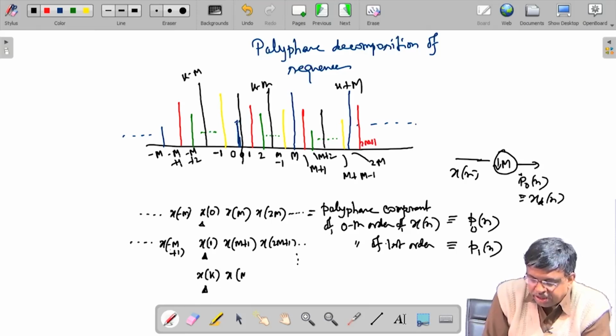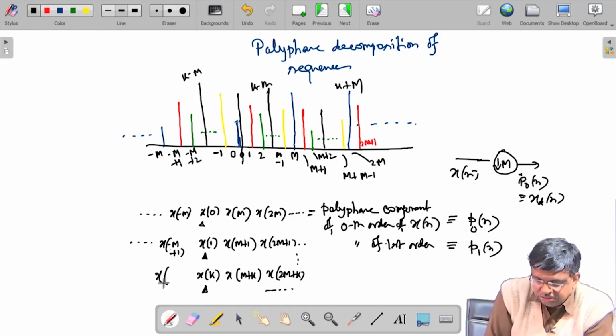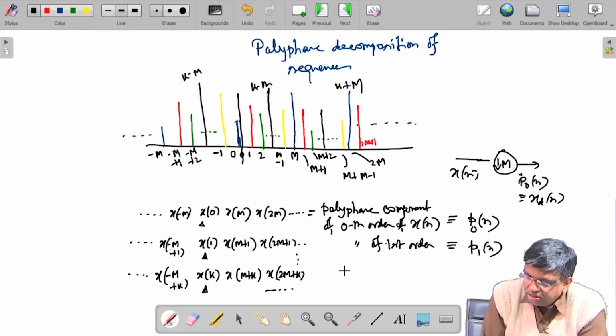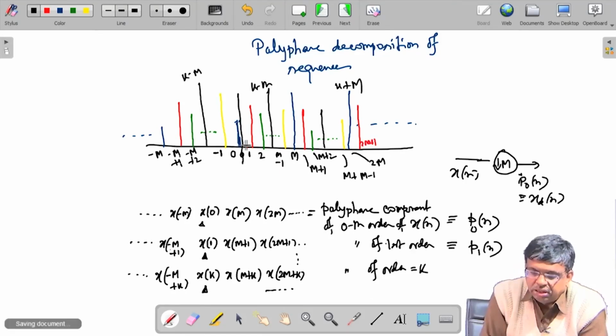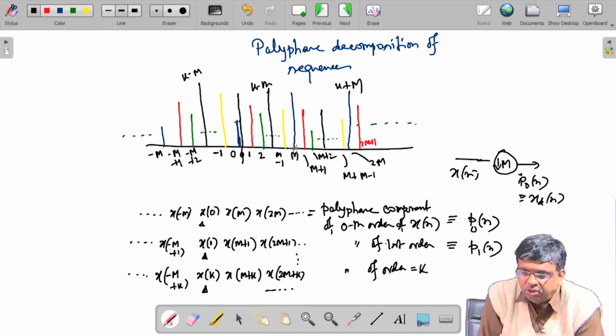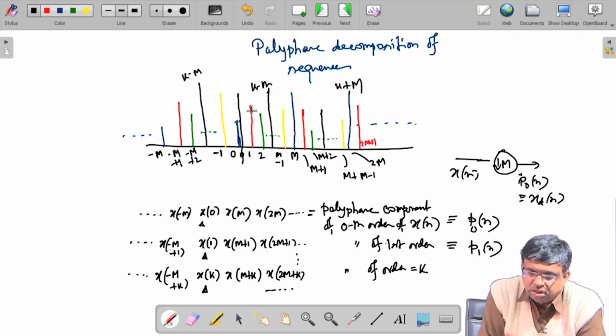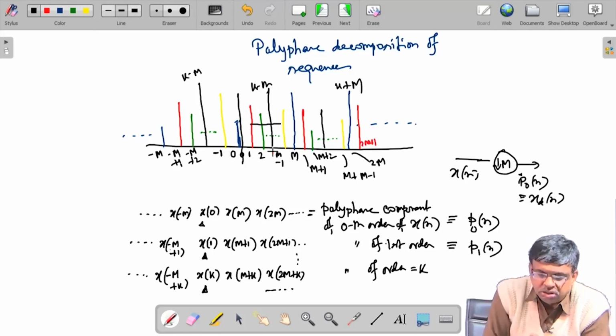Next will be x[M+k], x[2M+k], and so on, x[-M+k] and so on. This is a general thing. This is the polyphase component of x[n] of order k. Obviously, k has to be 1, 2, up to M minus 1. This is the range, 1 to M minus 1.